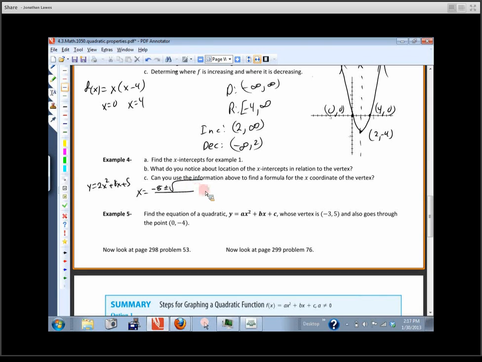Pair. So this is -8 plus or minus 2 radical 6 over 4. What else? Out of 2, you can cancel it to get -4 plus or minus radical 6 all over 2.